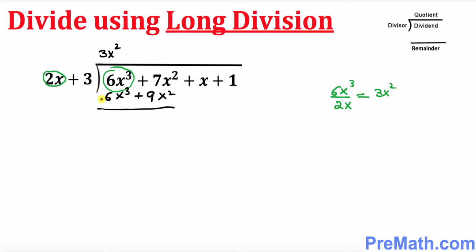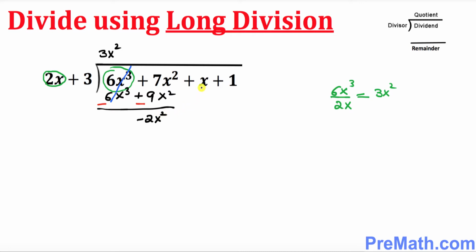So positive becomes negative, negative becomes positive. So this positive 6x cubed changes to negative, and this positive becomes negative as well. These two terms are gone, so we end up with negative 2x squared.